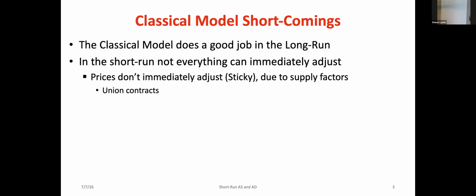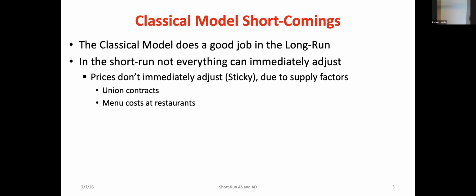So, for example, why might this happen? Even if we see increases or decreases in long run aggregate supply, maybe companies and employees are locked into union contracts, and those contracts extend for a certain period of time, and so they can't change wages.